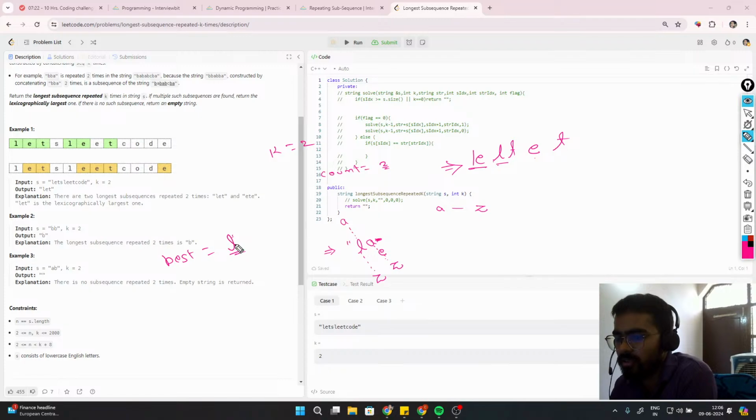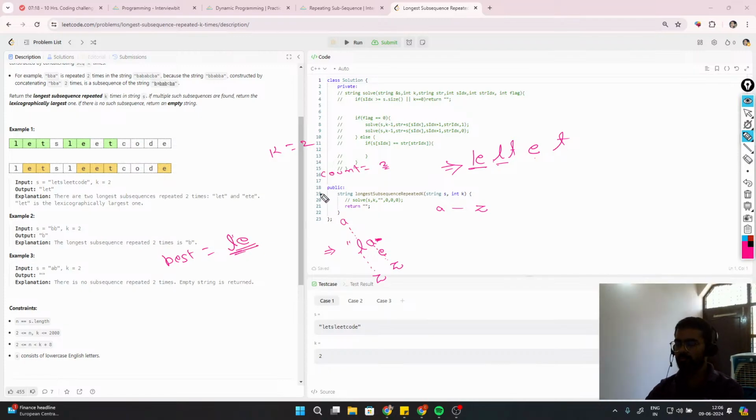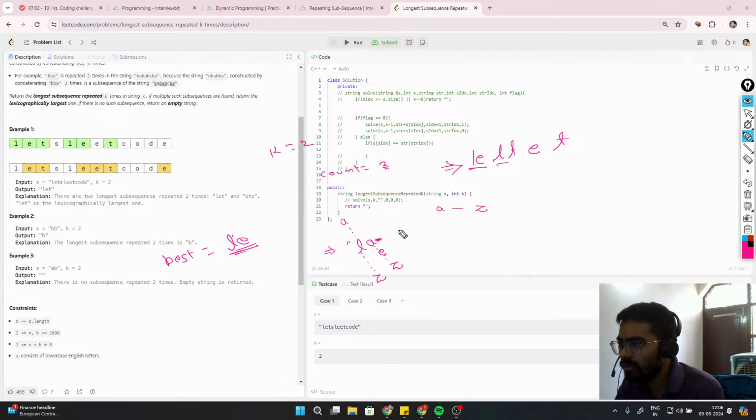So we increased the count and added it to our best. So what can we find from here now? LE, suppose the next string is handling from A.